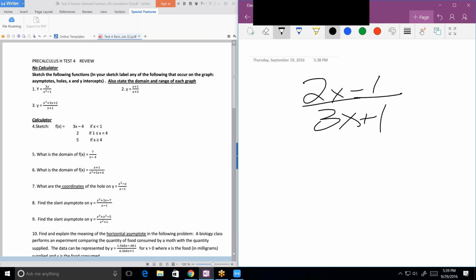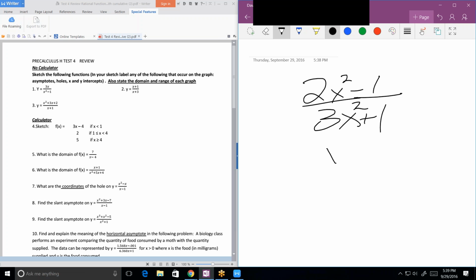Oh. In this situation, the maximum power of x is 1 in both top and bottom. Even if I make that x squared and that x squared, I still have a horizontal asymptote at 2/3. Okay, you with me? That's one situation, where they're equal.